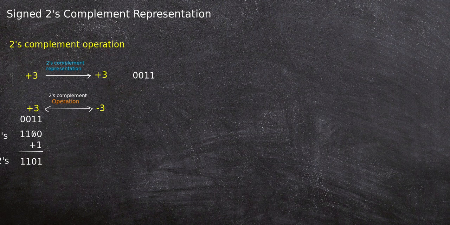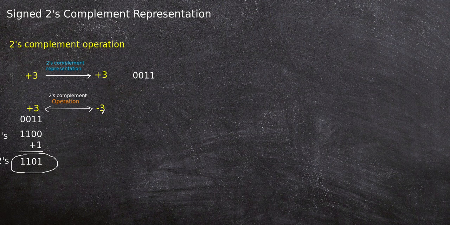Initially we calculated its 1's complement by complementing each bit, and then we added 1 to that, and whatever we get is the 2's complement of +3, that is the 2's complement representation of -3. Very crucial point here: this is the 2's complement of +3, meaning actually this is -3, and this is the 2's complement representation of -3.